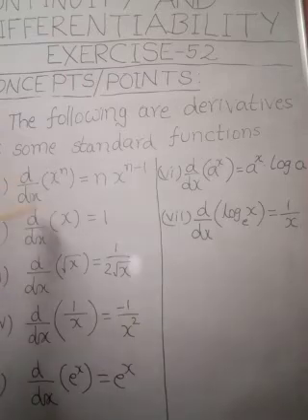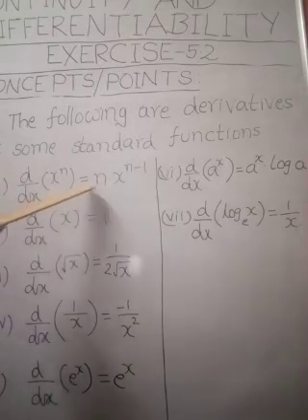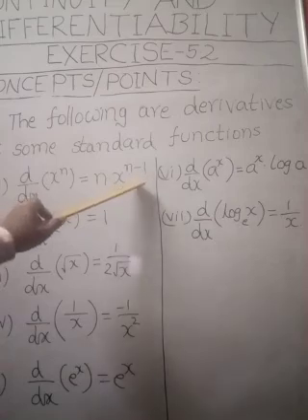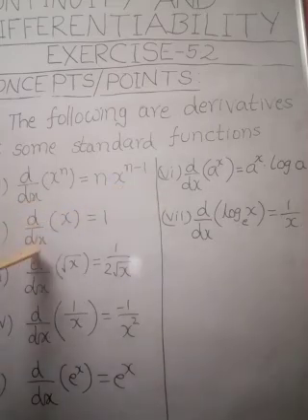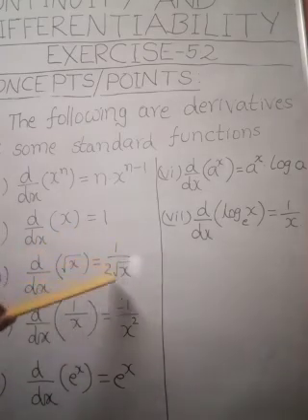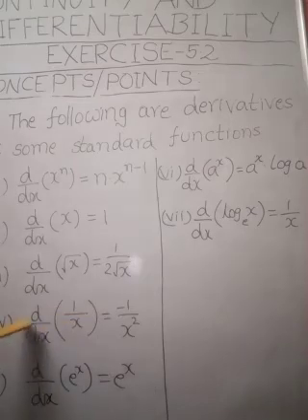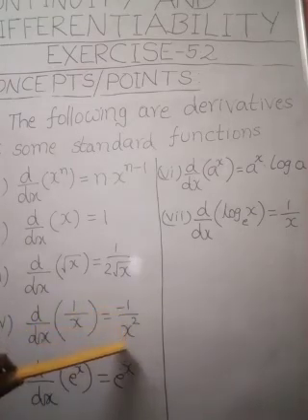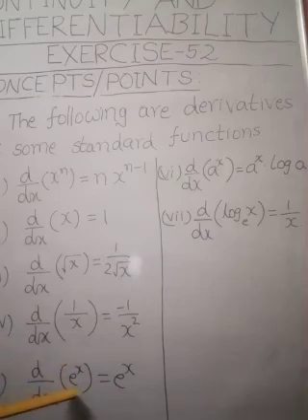See here, d by dx of x power n is equal to n into x power n minus 1. D by dx of x is equal to 1. D by dx of root x is equal to 1 by 2 root x. D by dx of 1 by x is equal to minus 1 by x square. D by dx of e power x is equal to e power x.